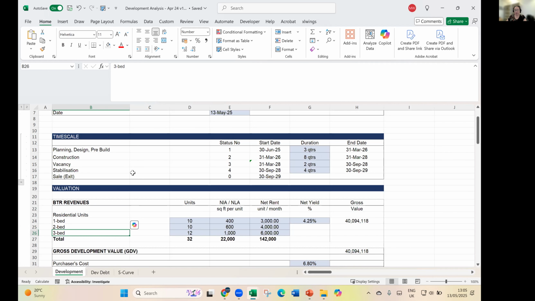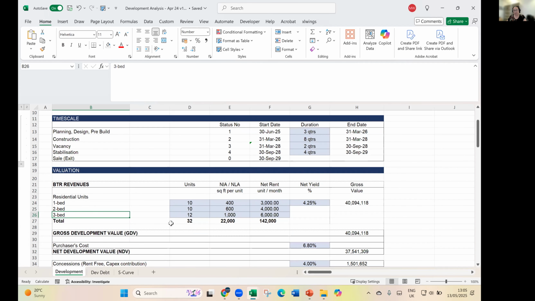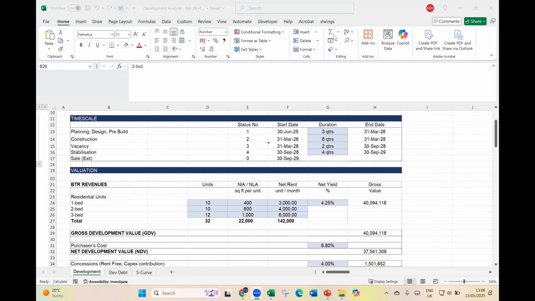So we're assuming that you're going to sell it as a block, because the idea is that you're going to receive the rents, and then you're going to assume an exit yield of 4.25%, for example, and you're going to get the GDV, the gross development value.